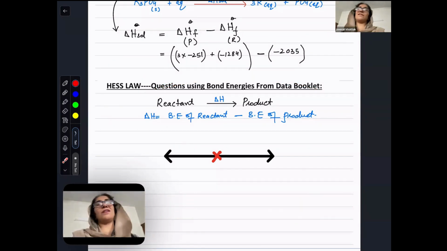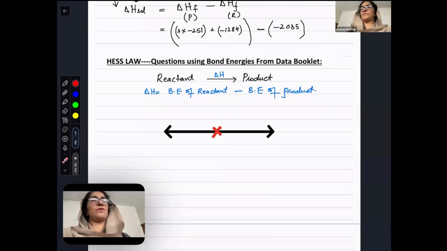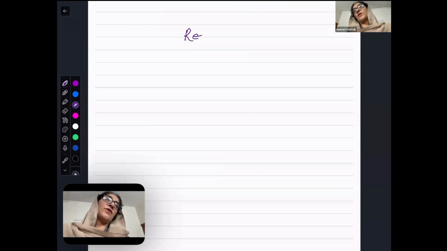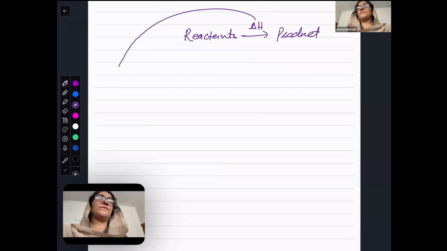But at the same time, there is another thing. If in your question these are your reactants turning into product, this is the delta H, which is unknown.